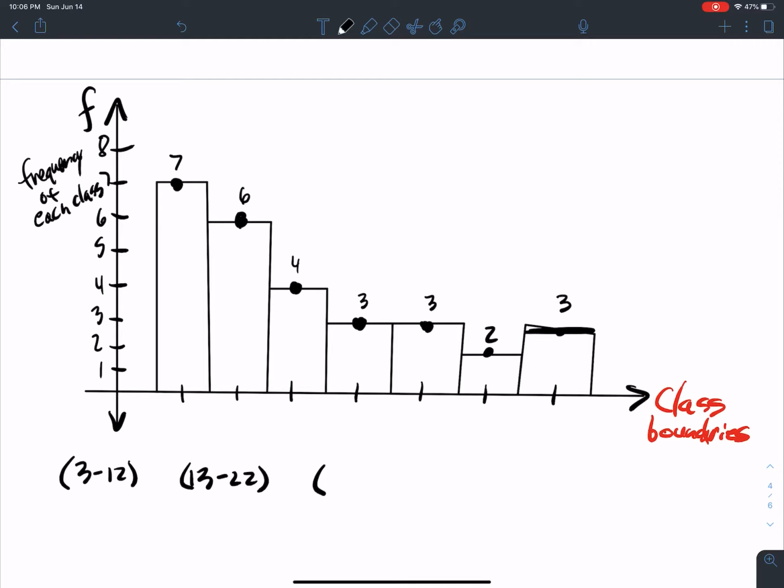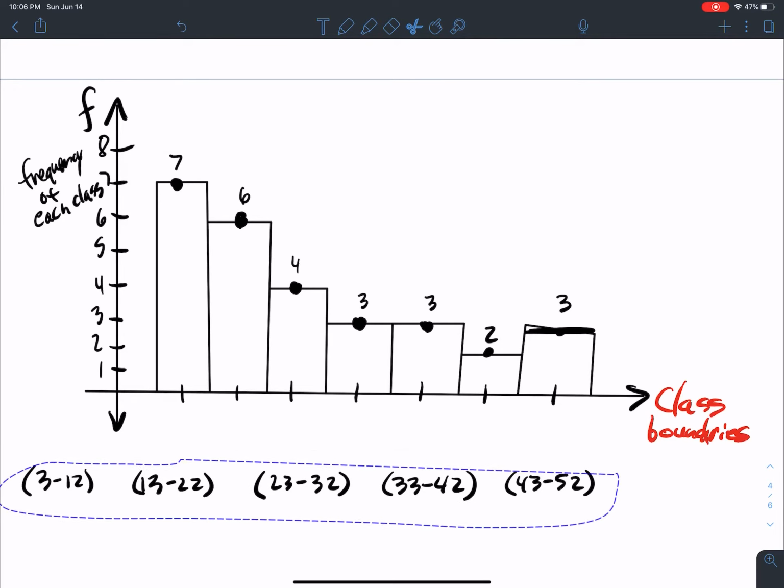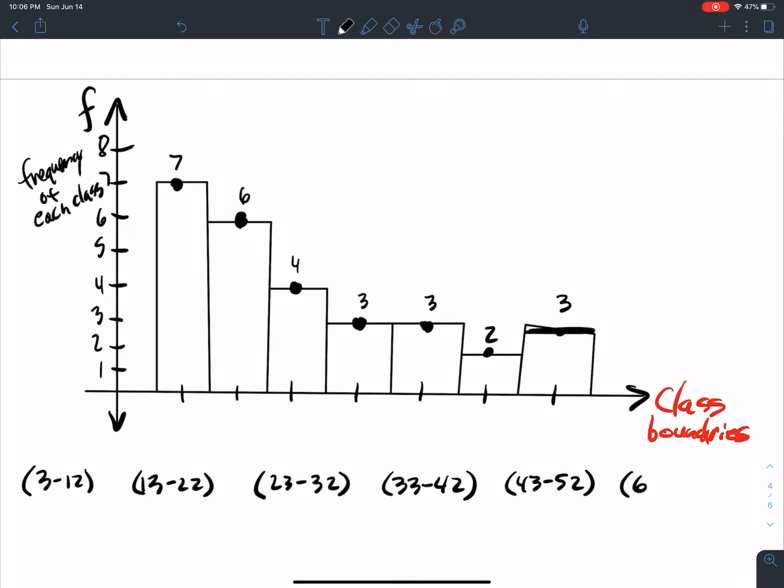Then we went from 23 to 32. And then we went to 33 to 42. And then 43 to 52. Let me pull this out a little bit. Okay, and then we have 63 to 72.